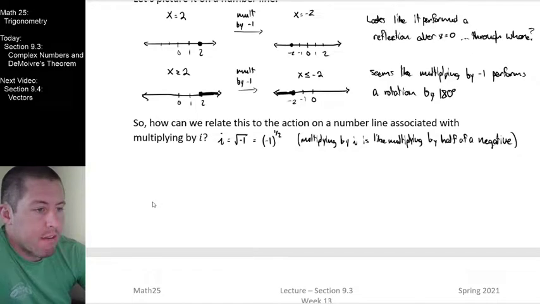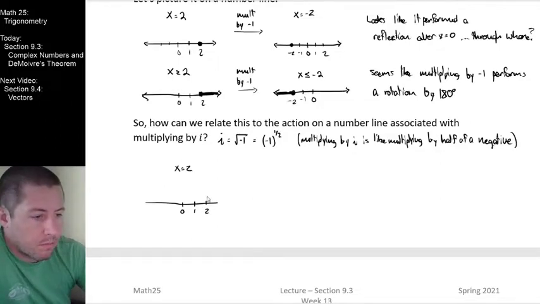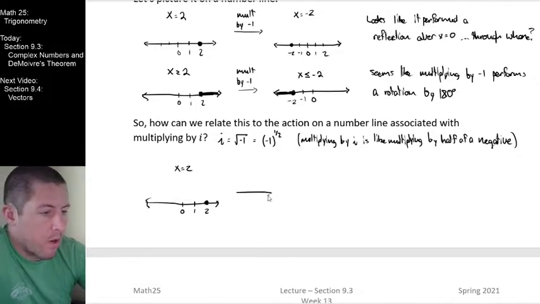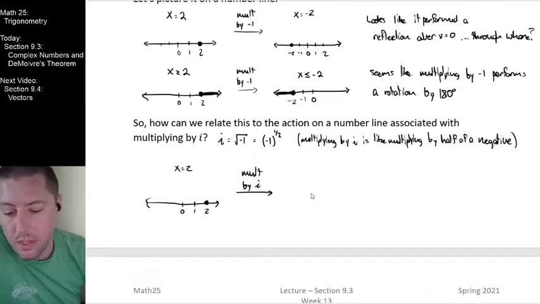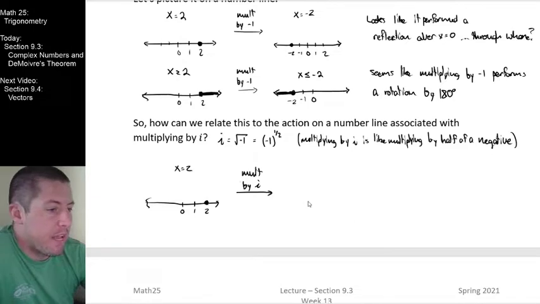So what I'm thinking to myself is now we take this number 2 on the number line, and we can go ahead and multiply by i. Then where should we land? Well, it seems to me like we should be landing at 2i.